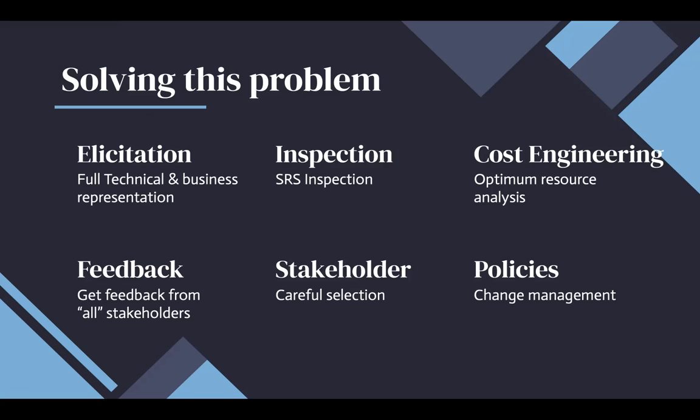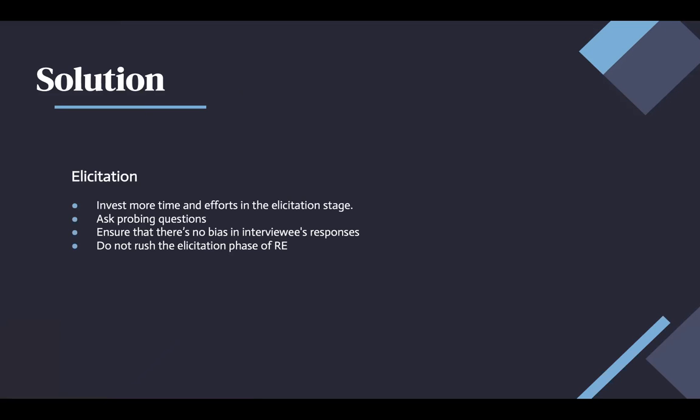We need to get adequate feedback. We also need to be systematic about our stakeholder selection. And of course, we cannot really do anything about policies and how politics affects software development, but we can put in place change management processes that ensure that once a change is discovered and raised, we can adequately fit it in, with a well-defined change management process.